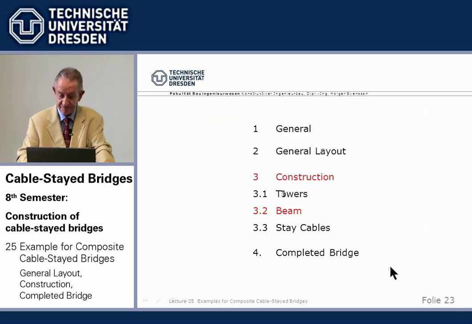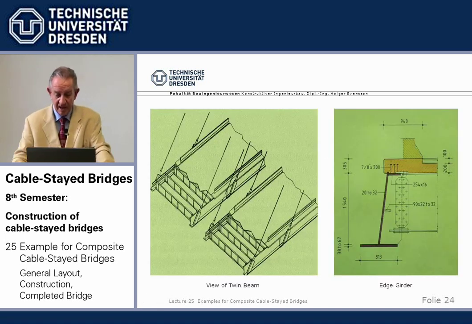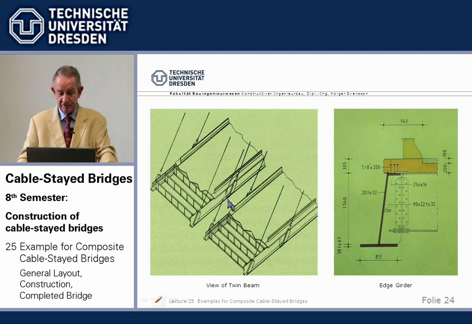tendons. Now, beam construction. As I showed you, we have two separate beams and open plate girders, a web, a bottom flange, and a top flange. These are all some strange measurements, but that's 6 feet here, and then comes another foot.